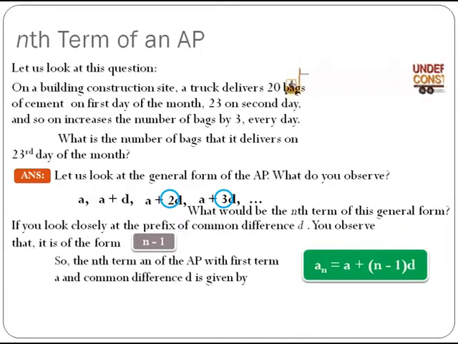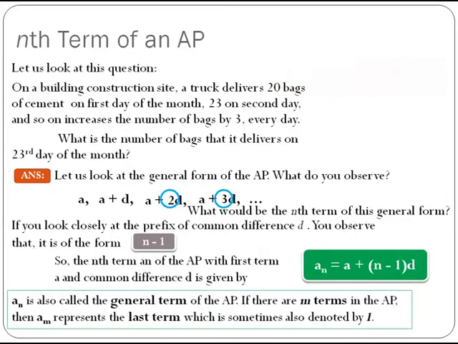So the nth term of the AP with first term a and common difference d is given by a_n = a + (n - 1)d. So this is how we arrive at the formula we had studied. a_n is called the general term of the AP. If there are m terms in the AP, then a_m represents the last term, which is sometimes also denoted by l.